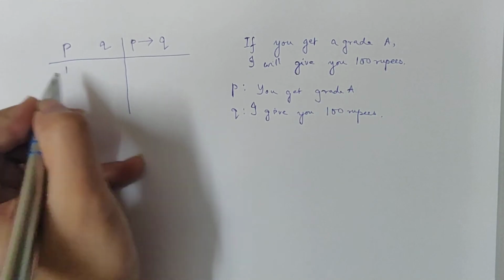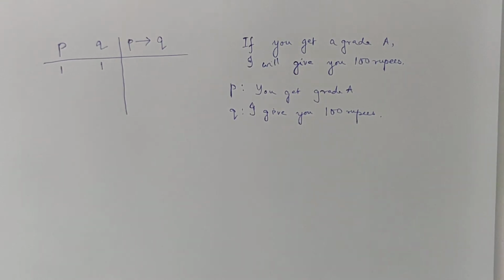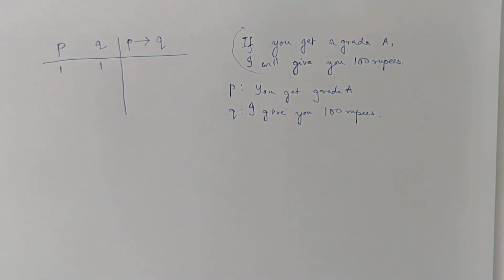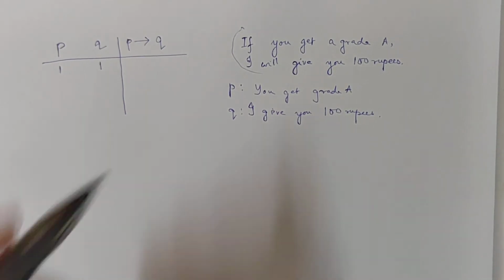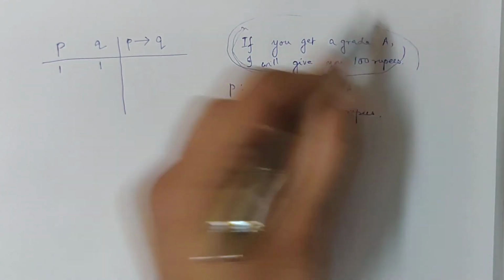Let's start with both being true. So here I have made a promise, right? That if you get a grade A, I will give you 100 rupees. If I keep my promise, the entire statement will be true.